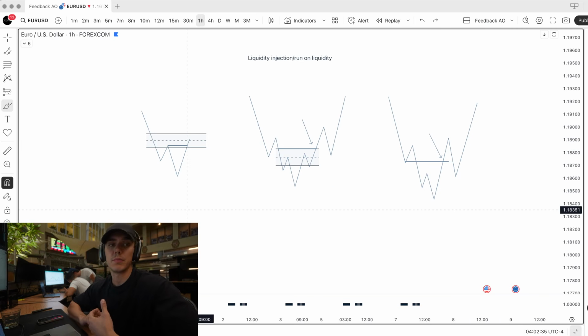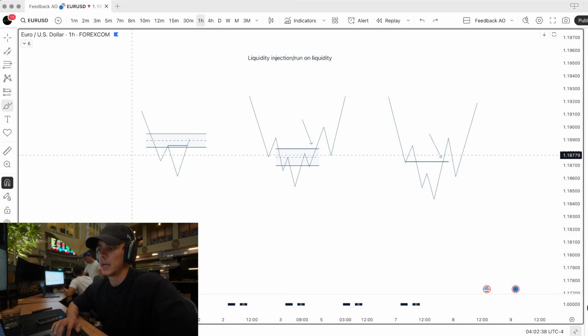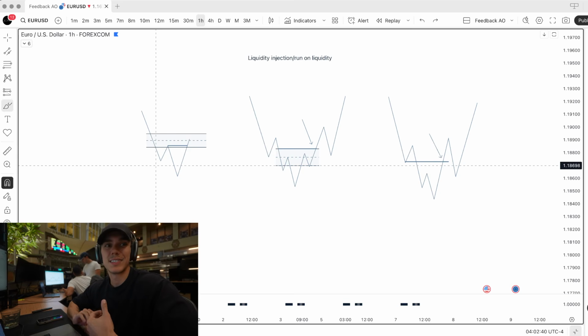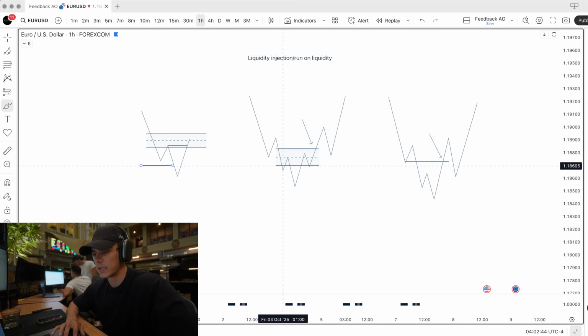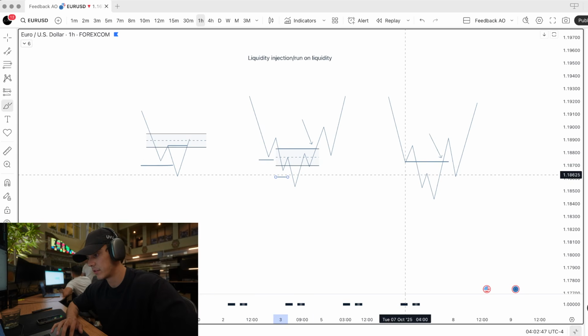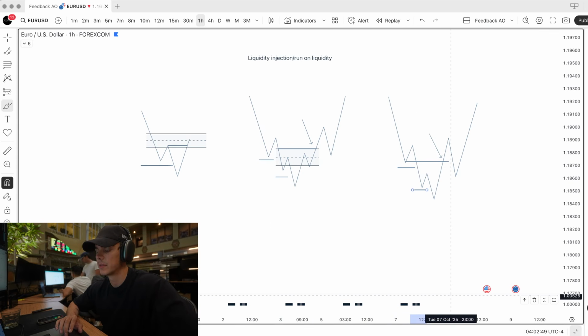So that is done by one of 2 things, right? Run on liquidity entails that we're taking out opposing liquidity, often enough in the form of sell-side liquidity. In this case, for these buy side, it's these lows that can be there, right?